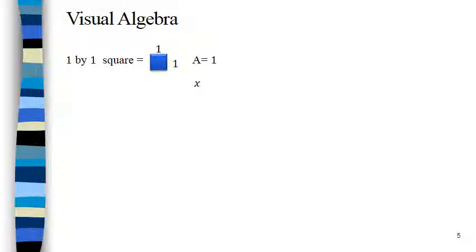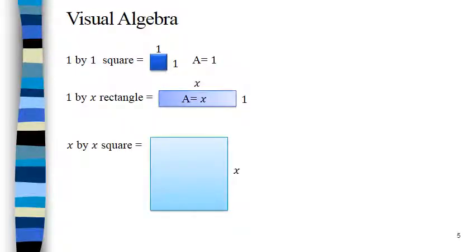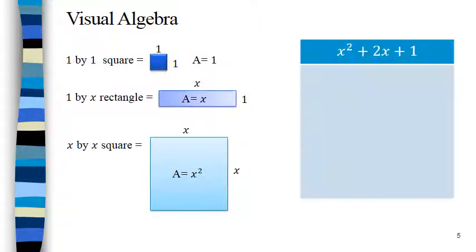We can think about x as a rectangle that has area x because it's x by 1. We can think about x squared as an x by x rectangle that has an area of x squared. And so when we write polynomials, we can visually represent them using a combination of these squares and rectangles.